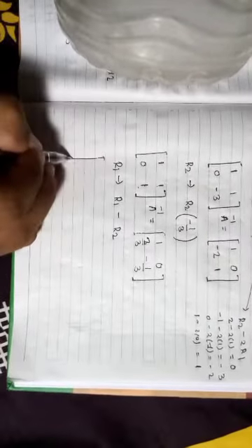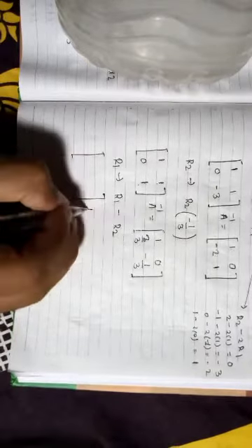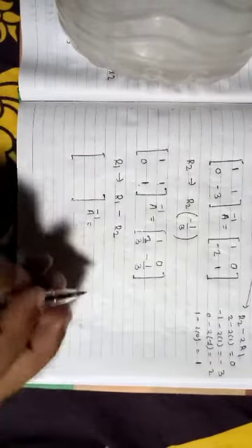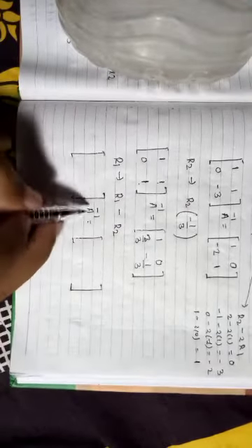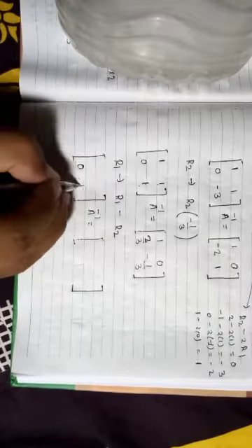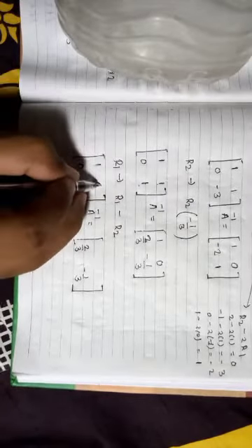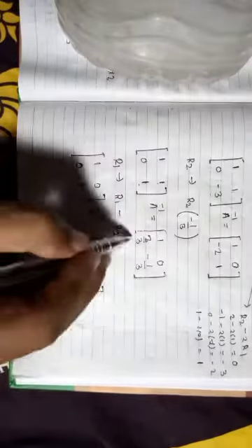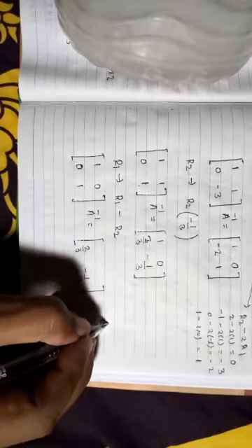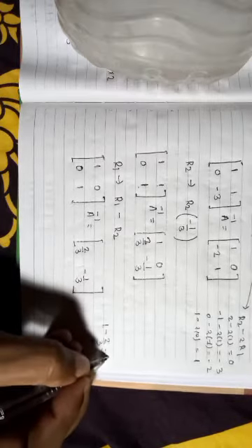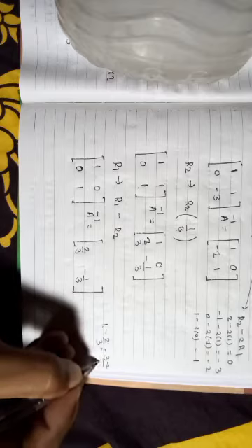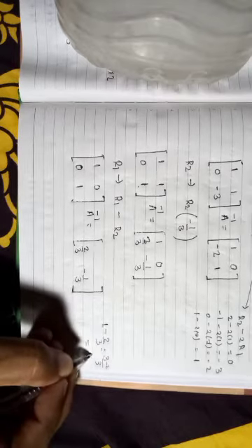So A inverse is equal to: I write the R2 row as it is, 2 by 3 and minus 1 by 3. This element is 1 and this will become 0. And R1 minus R2: 1 minus 2 by 3, which will give you 1 by 3.